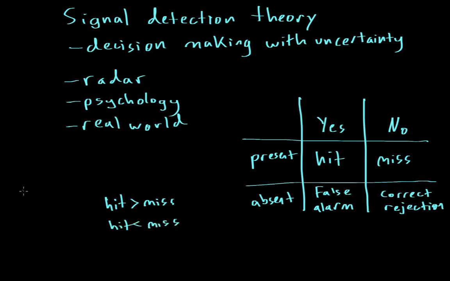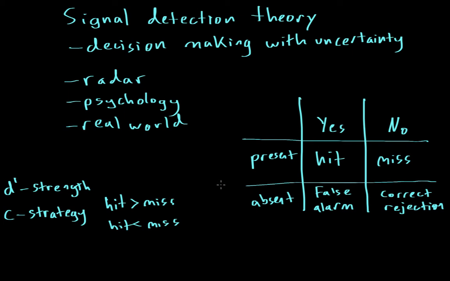Now the strength of a signal, which is what we were just talking about, is a variable known as d prime. And another variable is C, and that is strategy. Let's look at the example of you driving to work and waiting at the traffic light.